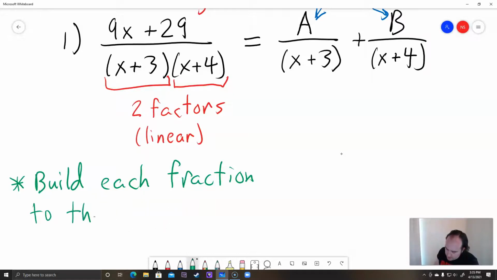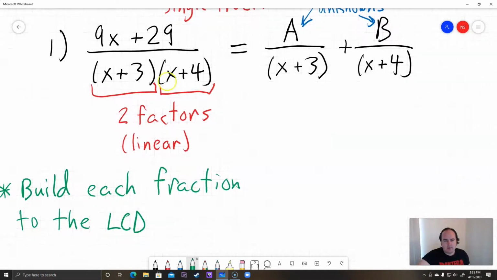Most people would build them to the LCD. Okay, so build each fraction to the LCD. And the LCD literally just means you build each fraction so that it has the same denominator. That's all it means. Least common denominator means it's the simplest one you can find.